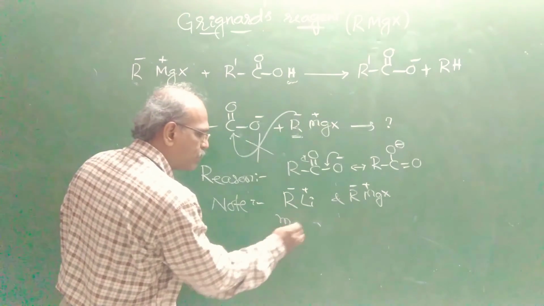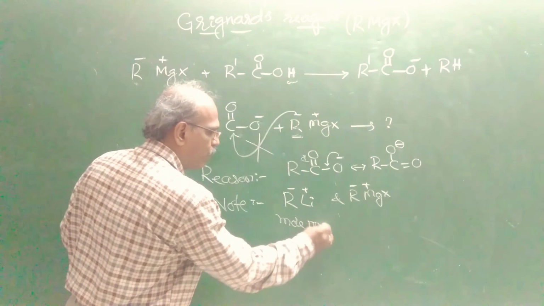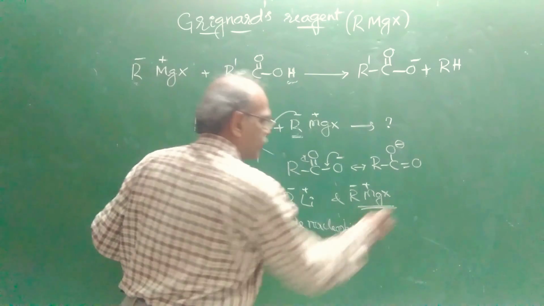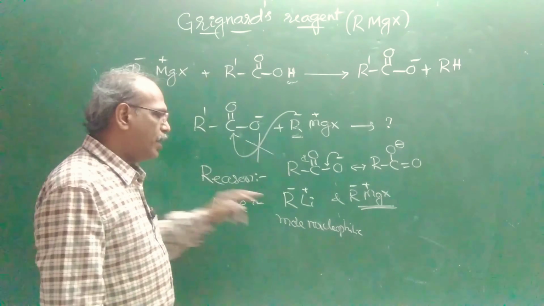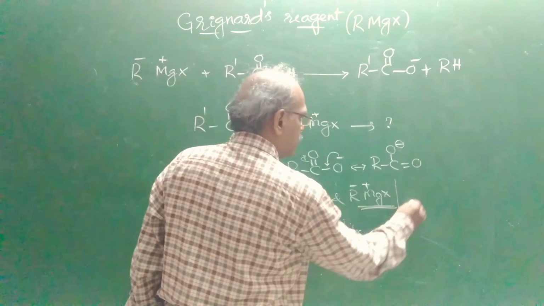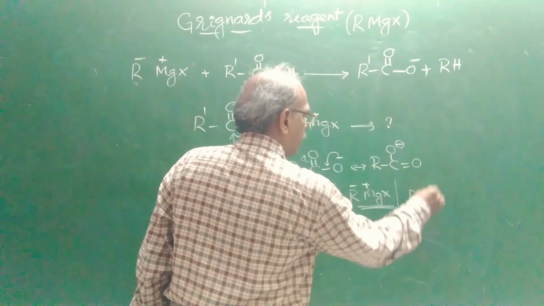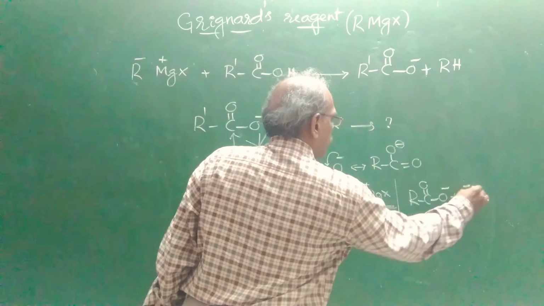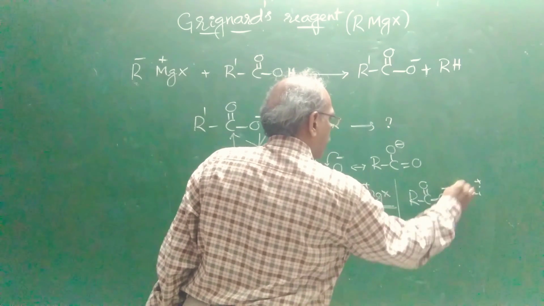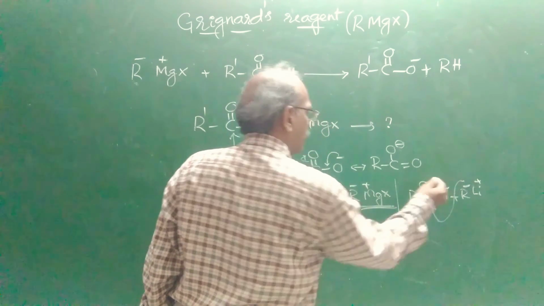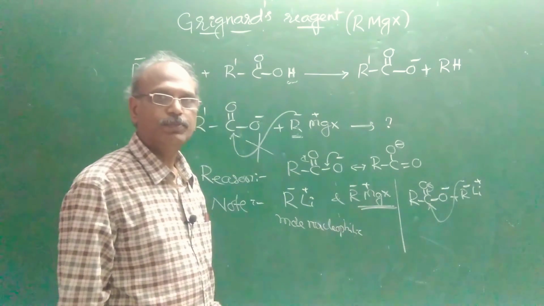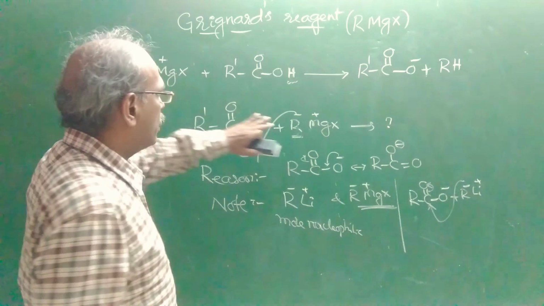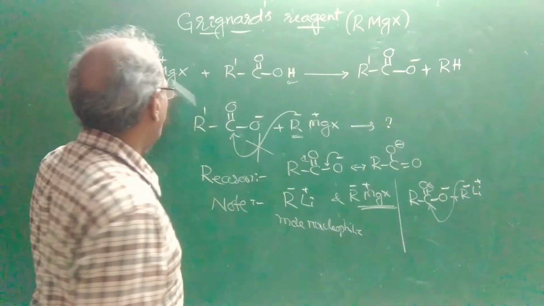Alkyl lithium is more nucleophilic than Grignard's reagent, and its nucleophilicity is enough to attack on carboxylate ion. It can attack on carboxylate ion, thereafter working is similar. So particularly regarding RMgX, you have to remember.